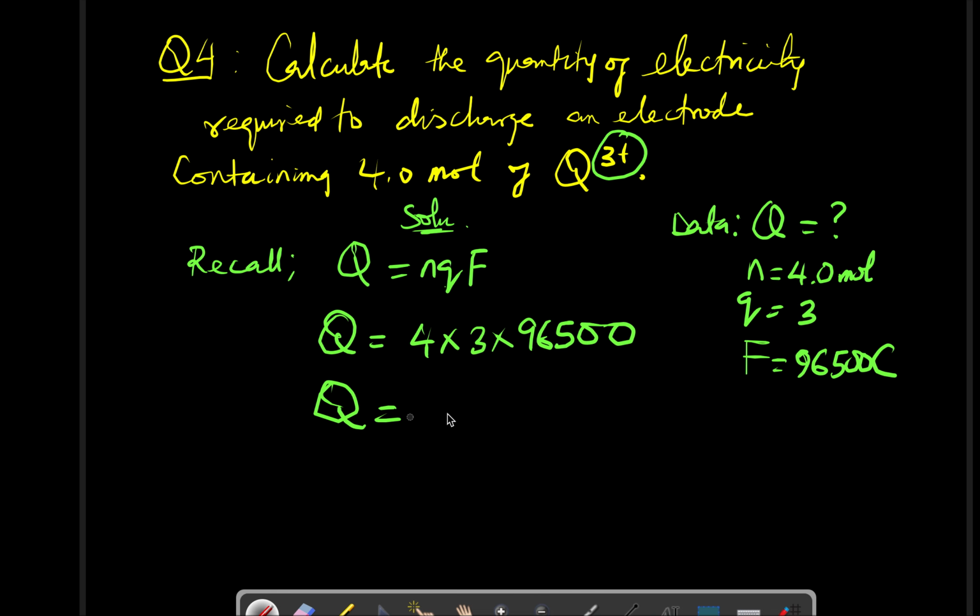By the time you multiply these together, you should have about 1158000 coulomb. Remember, this quantity of electricity is measured in coulomb. This is very, very important.